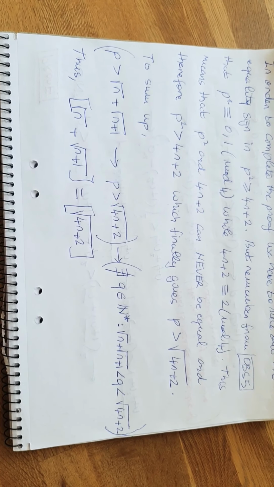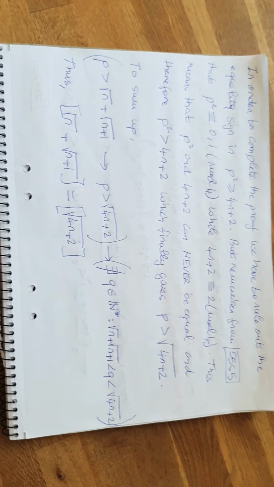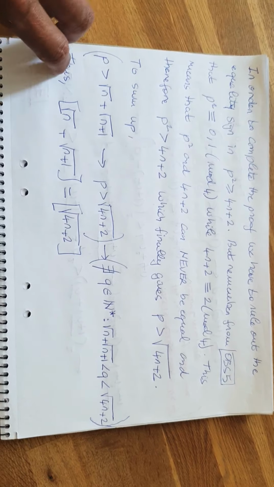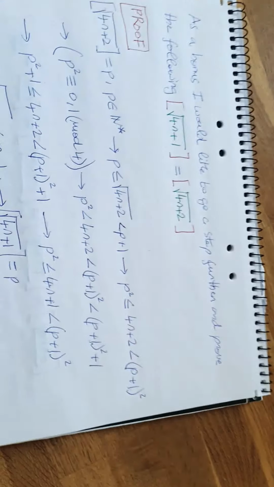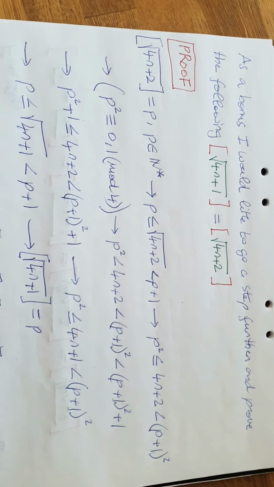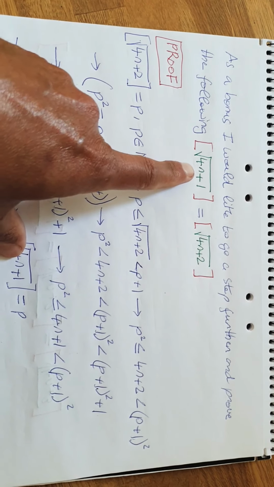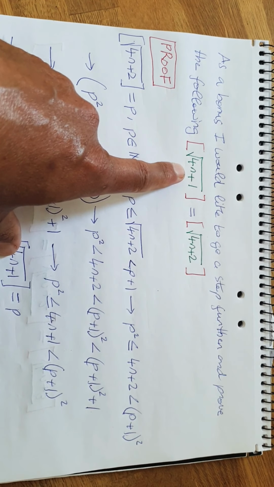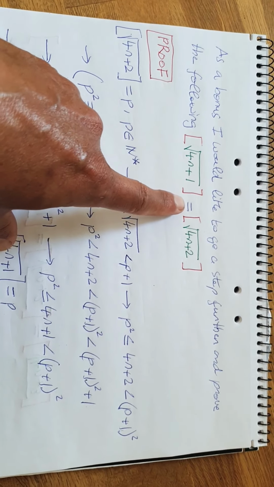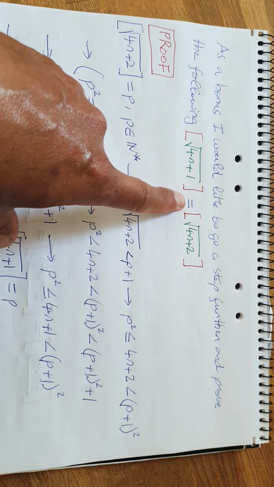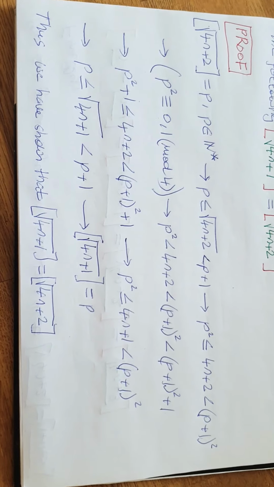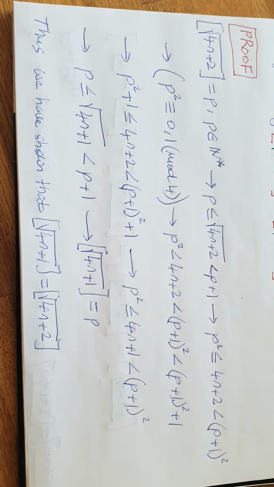Now, I'm not going to stop here. I'm going to go a step further and show you the following. I want to show you that the integer part of the square root of 4n plus 1 is equal to the integer part of the square root of 4n plus 2. And this is the proof.